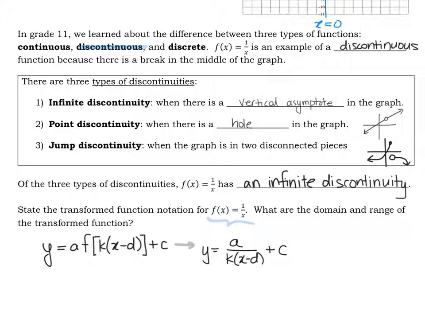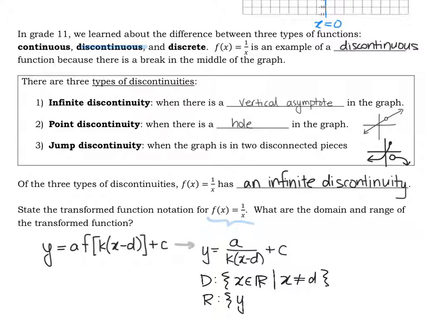Okay, so then because we are now transforming with a, k, d, and c parameters, our domain and range is not going to be x cannot equal 0, y cannot equal 0 anymore. Instead, our domain is x is any real number, but not d, because that's where we translate the graph left or right, which means we also move our vertical asymptote left or right to the d value.